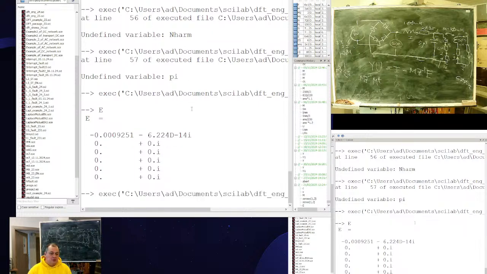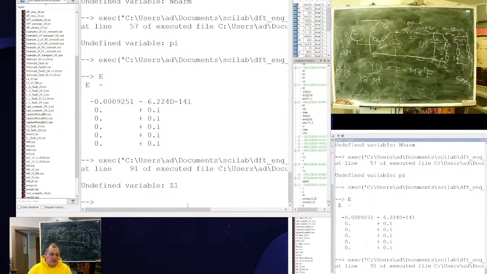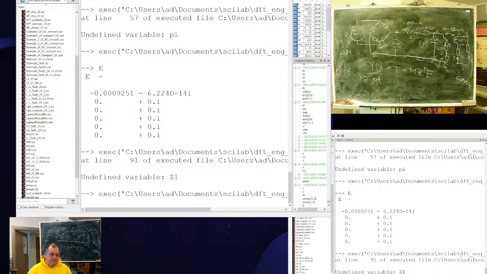Let's check it works. How can I check that I correctly inverted the matrix? Oh yeah, don't know that one. Oops, this is stupid. Keyboard not working.